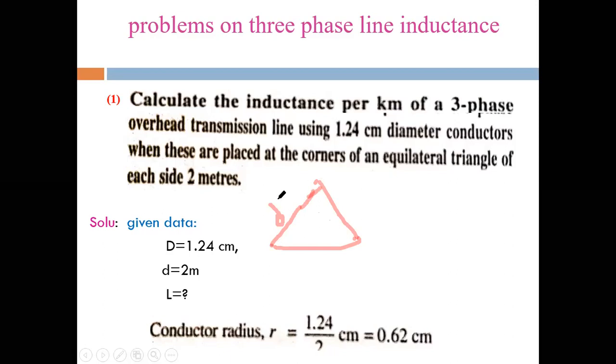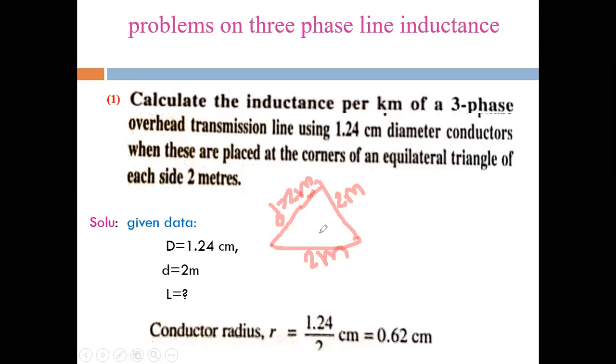D is 2 meters. Therefore, D is equal to 2 meters. Each corner has a distance of 2 meters from the next; the conductors are placed at the corners of an equilateral triangle. This side is 2 meters, and this is also 2 meters. That means equal spacing between the three conductors.